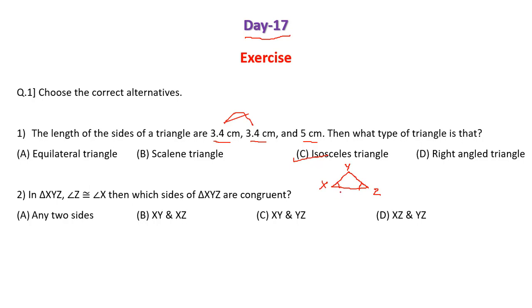We know that a theorem is, sides opposite to congruent angles are congruent. Means the side opposite to X is YZ and the side opposite to angle Z is YX.